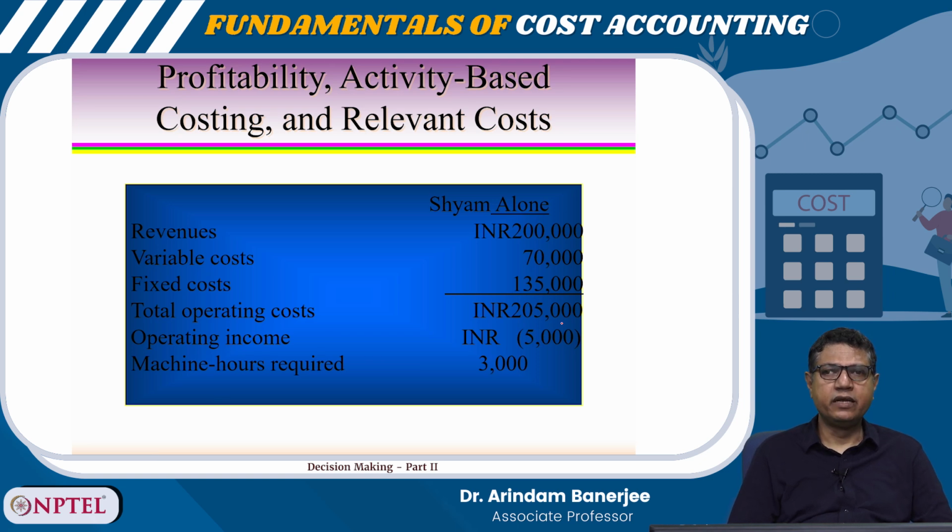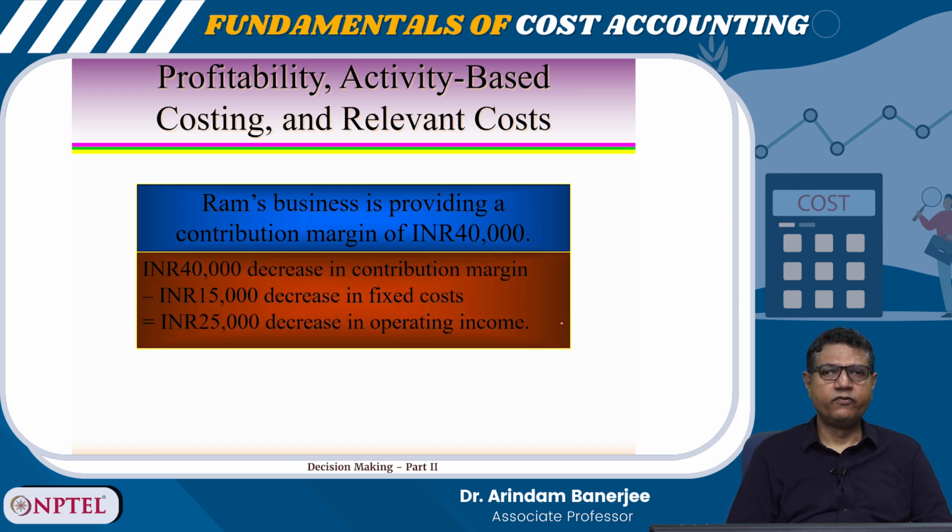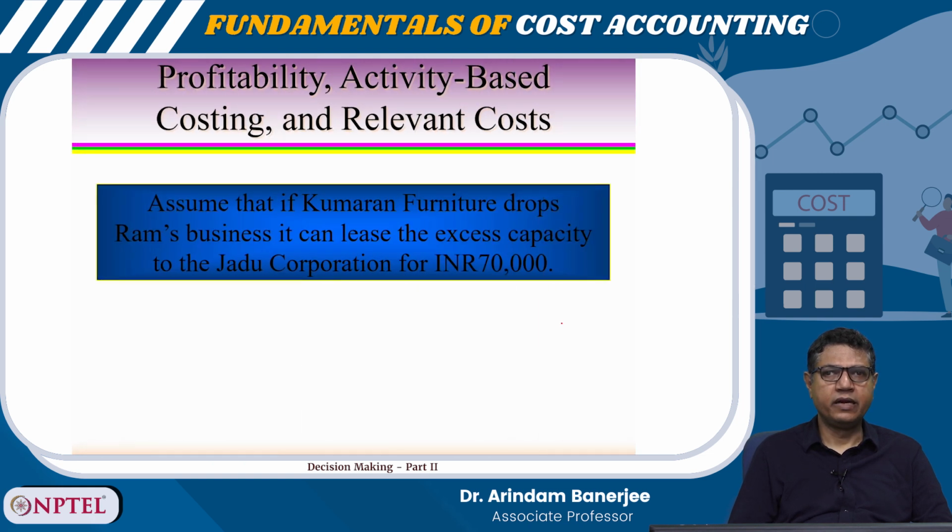In the new situation, revenue is 2 lakh, variable cost 70,000, fixed cost 1,35,000, so total operating cost is 2,05,000. Operating income is reduced by only 5,000 and machine hours required are 3,000. Ram's business provides a contribution margin of 40,000, so there is a 40,000 decrease in contribution margin and a 15,000 decrease in fixed costs, so a 25,000 decrease in operating income, right?